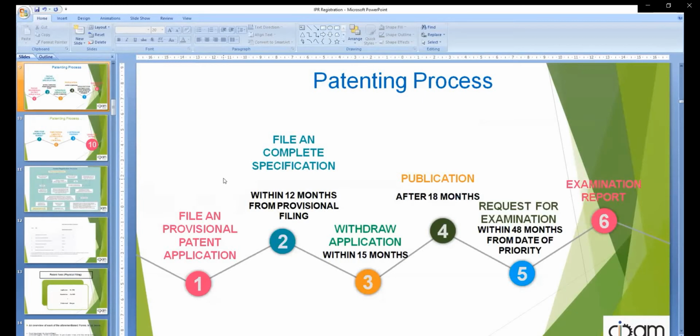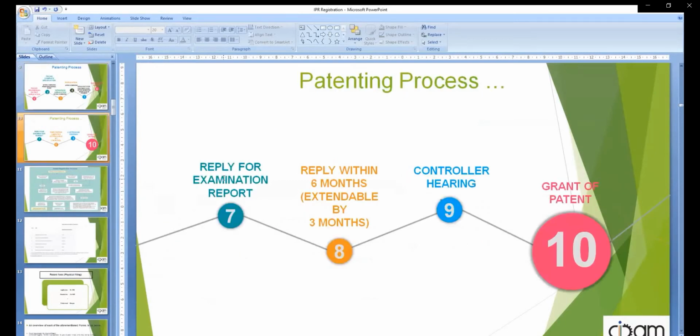After the examination report is communicated to the patentee, the assignee, the legal representative or the patent attorney, the reply to the report, the first examination report or FER, has to be made within 6 months, which at max can be extended by 3 months.